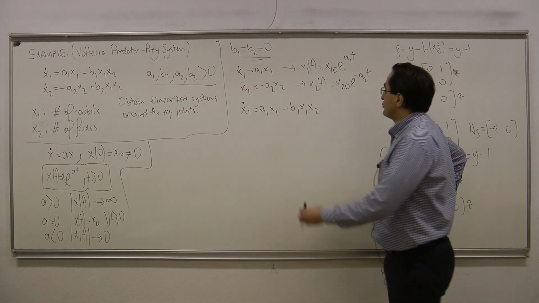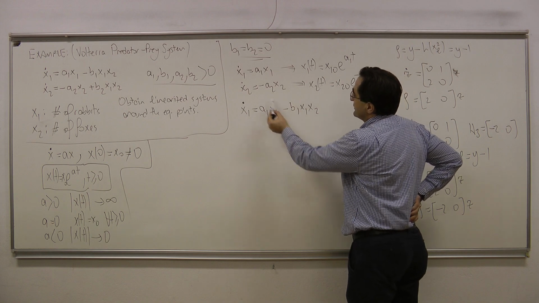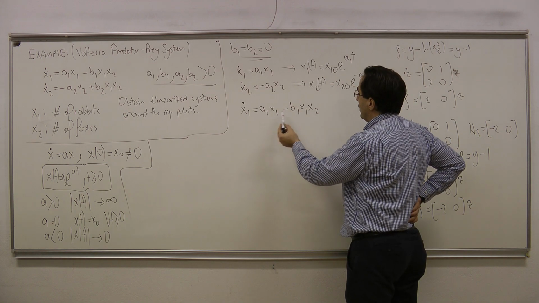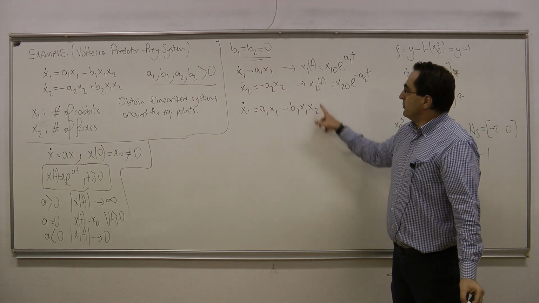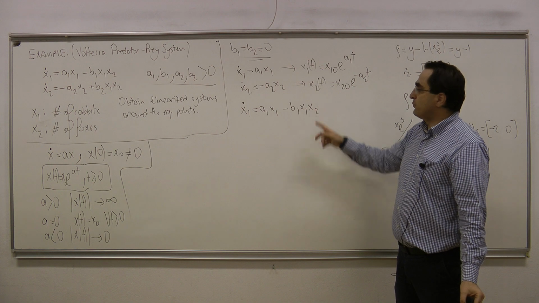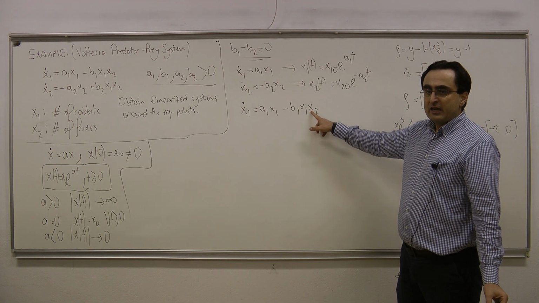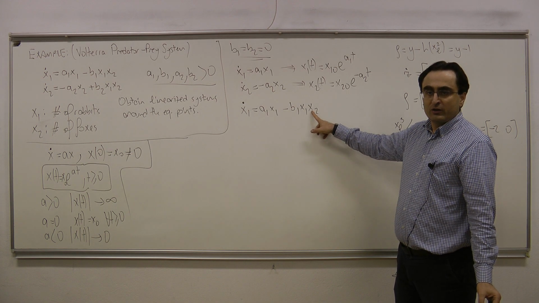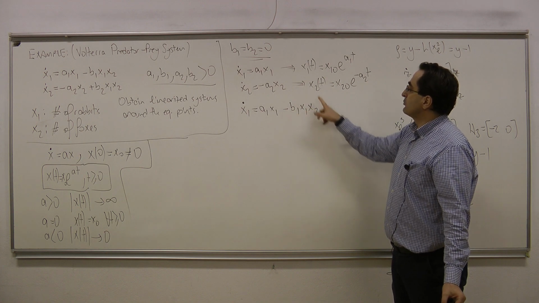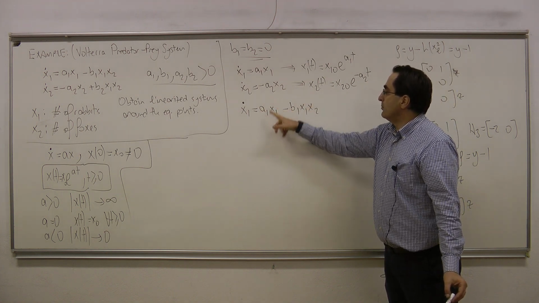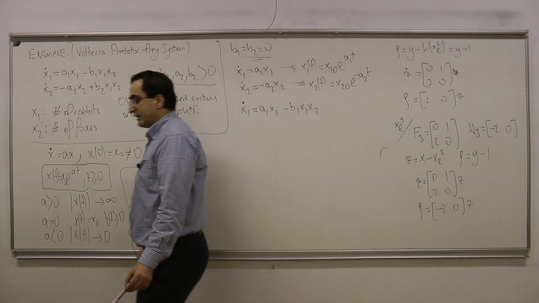So you see that this term can actually balance such a positive term if x2 is very large. This term represents the fact that the foxes are going to eat rabbits. And if there are more foxes, if x2 is large, then this term is going to dominate the other term, and the rate of change of the rabbits would be negative.